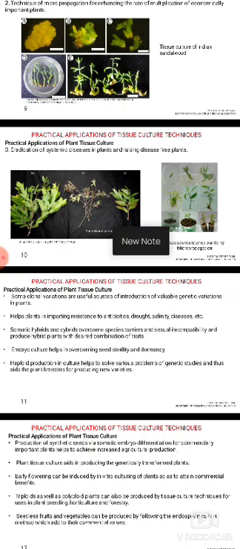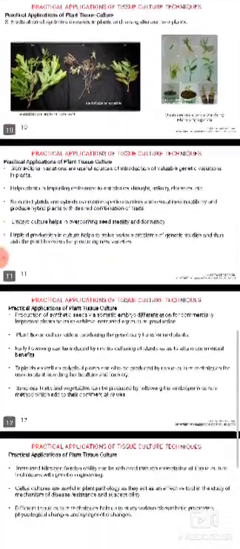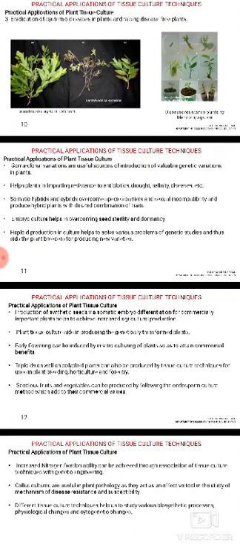Another application is that haploid production in culture helps to solve various problems of genetic studies and thus aids the plant breeders in producing new varieties. Another application is the production of synthetic seeds via somatic embryos.